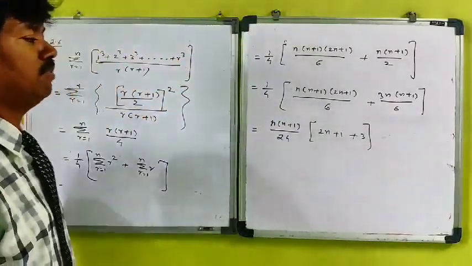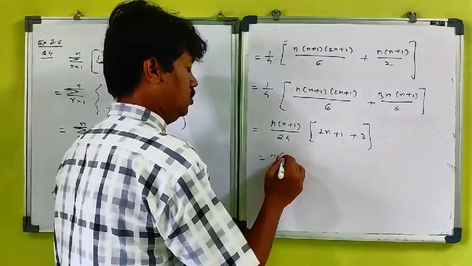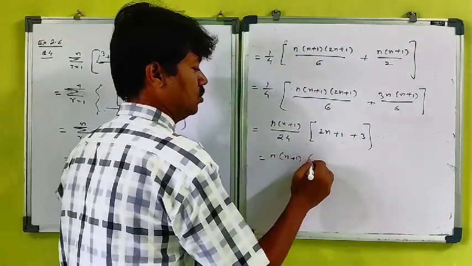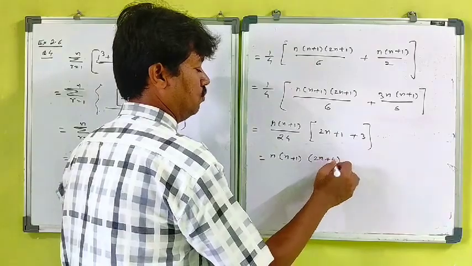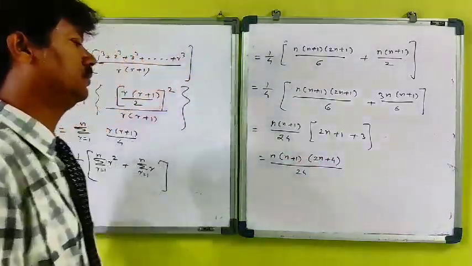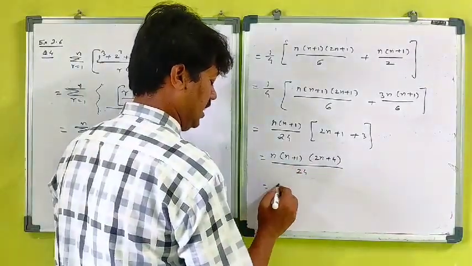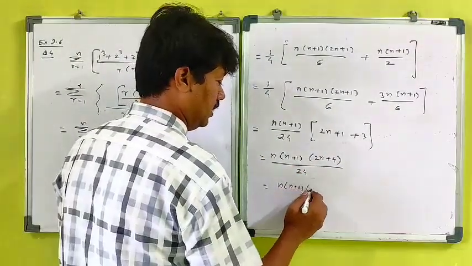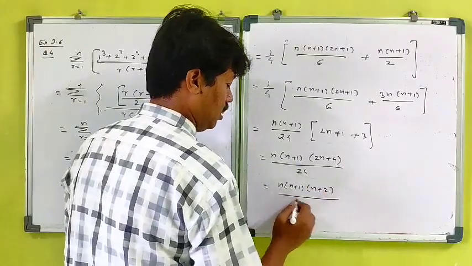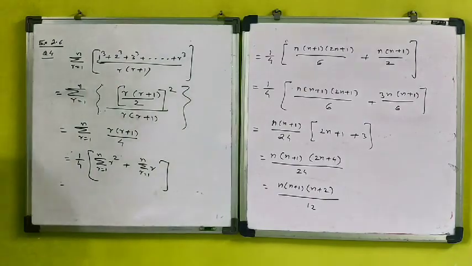So that is 2n plus 4. So n into n plus 1, 2n plus 4, upon 24. Again 2 is common and cancels with this. So it is n into n plus 1, n plus 2 upon 12. So that is the answer for this.